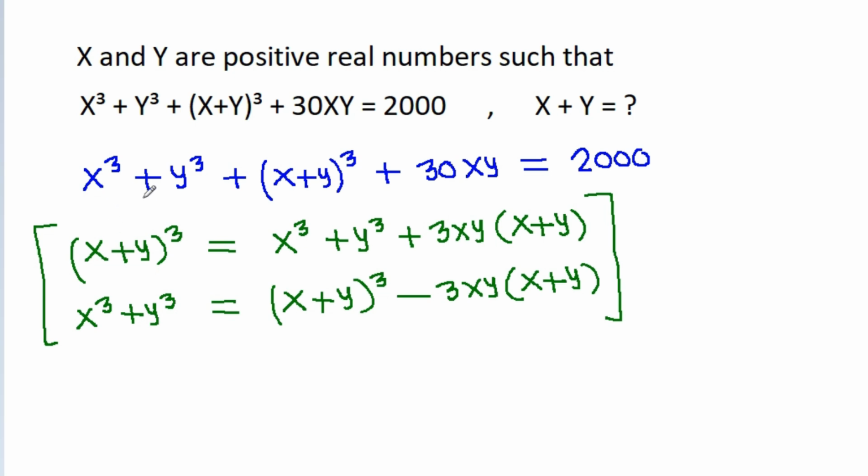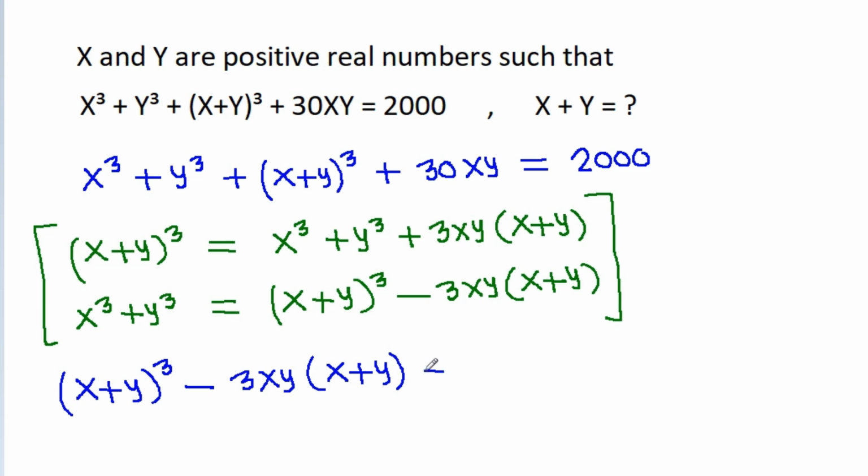So x cube plus y cube is (x plus y) cube minus 3xy times (x plus y), plus (x plus y) cube plus 30xy is equal to 2000.